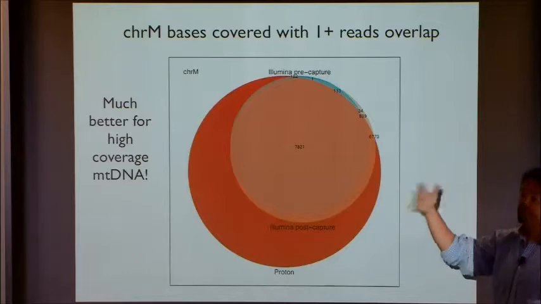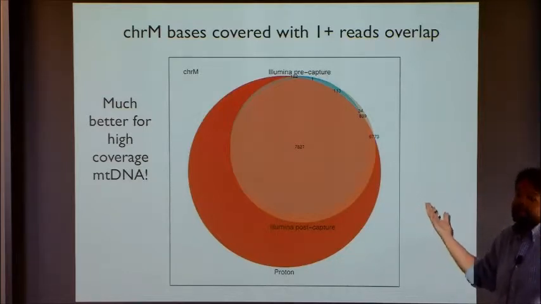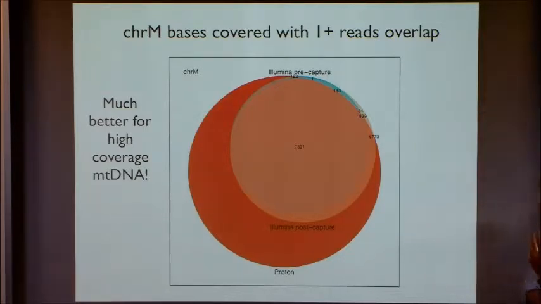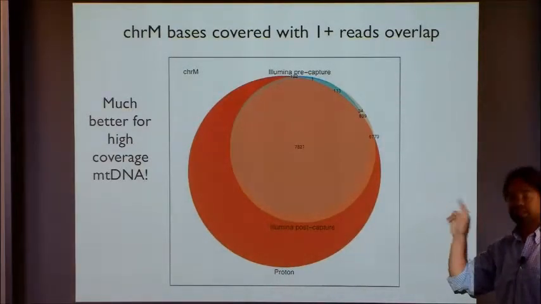And the whole genome capture also has the mito as part of the capture, because you're just making it from whole human genome DNA. Does that make sense?